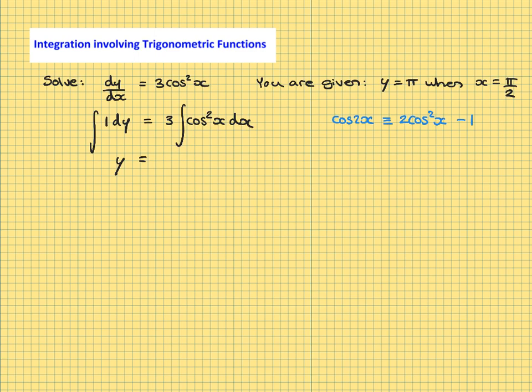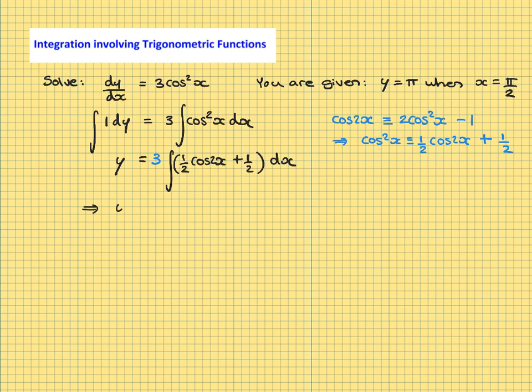If I rearrange this, this tells me that cos squared x would be equivalent to a half cos 2x plus a half. So I'm going to substitute that into the right-hand side here. So I have a half cos 2x plus a half with respect to x.